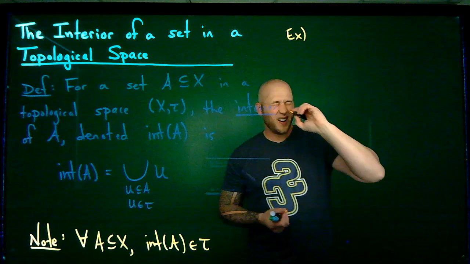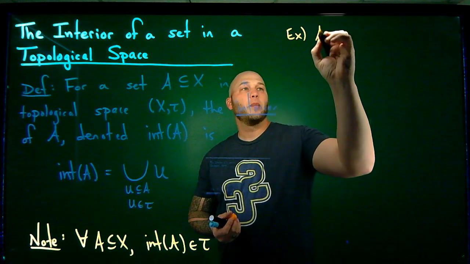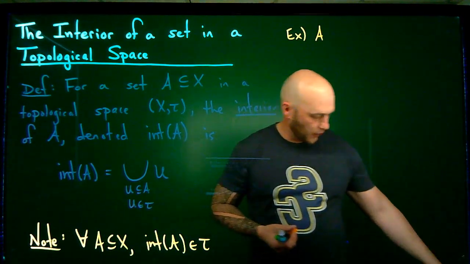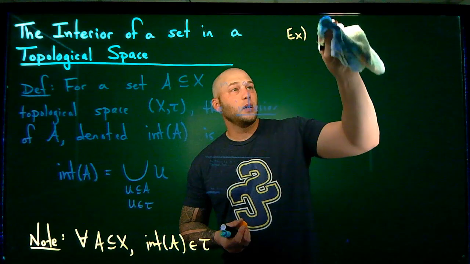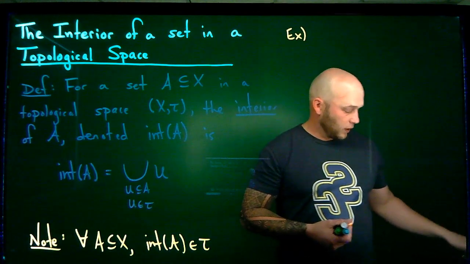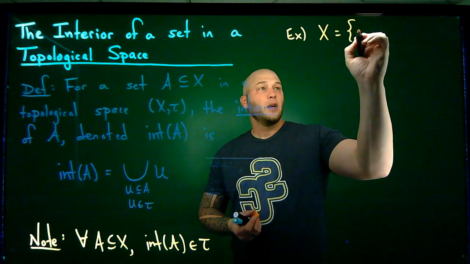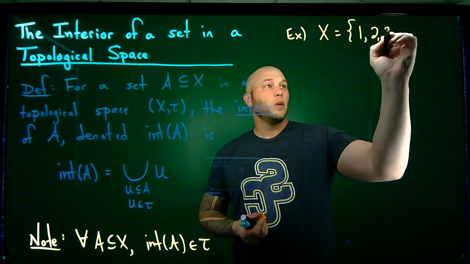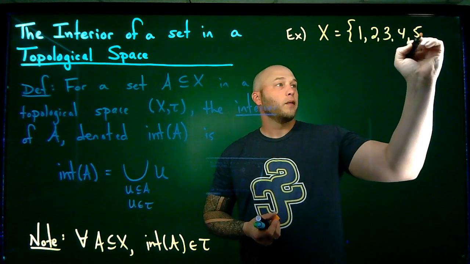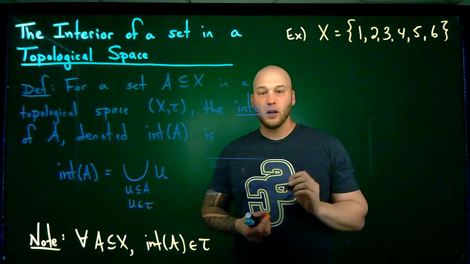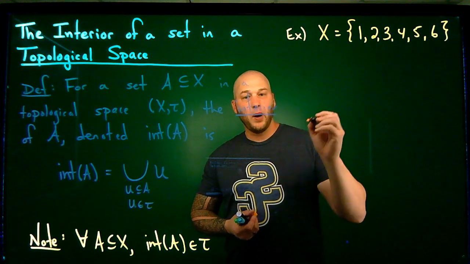Let's start with the large space, a set X given by the list of numbers 1, 2, 3, 4, 5, and 6. And let's give a topology on that.